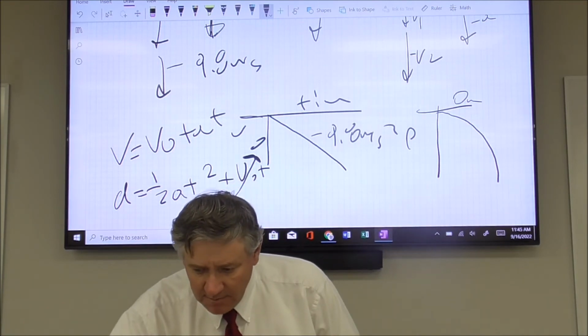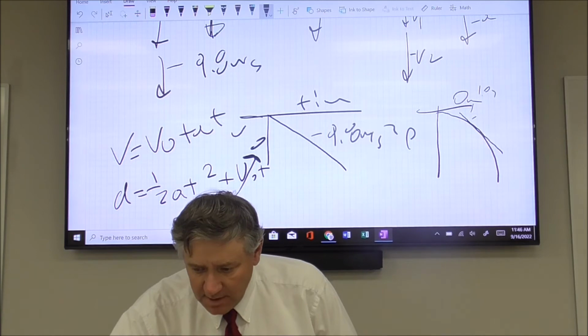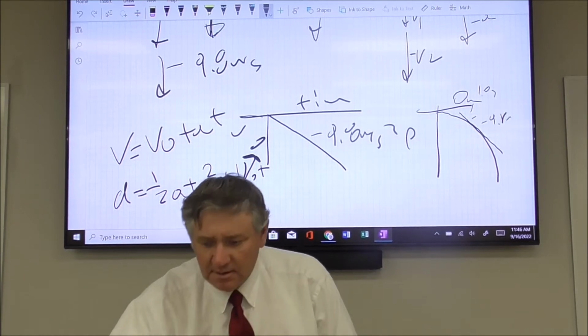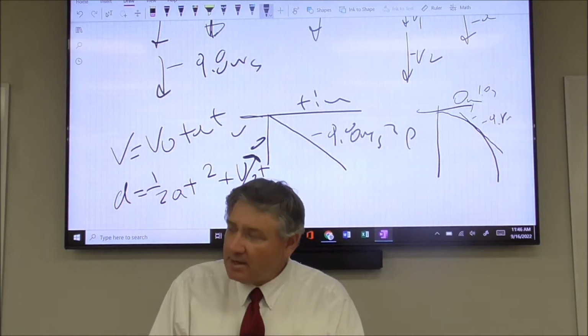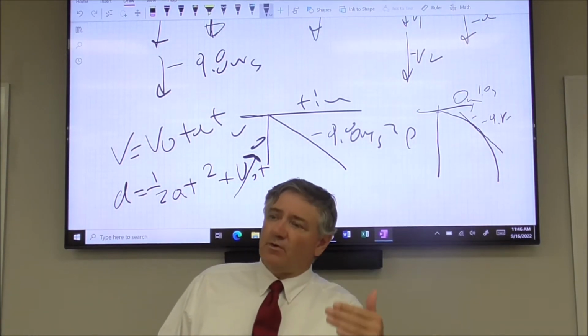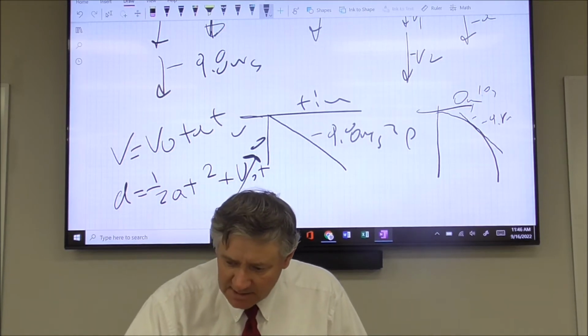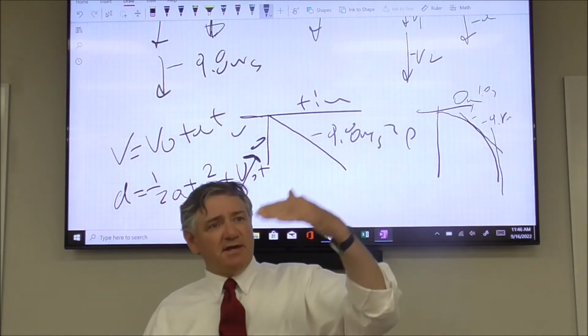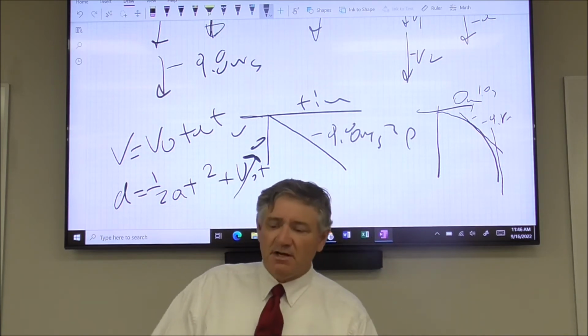If you were to come out here at 1 second on your position time graph and draw a tangent line, that would have a slope of negative 9.8 meters per second, because that's how fast it's going at the end of 1 second. If you came out here to 2 seconds, that would have a slope of negative 19.6. 3 seconds, that's how it's going to progress.